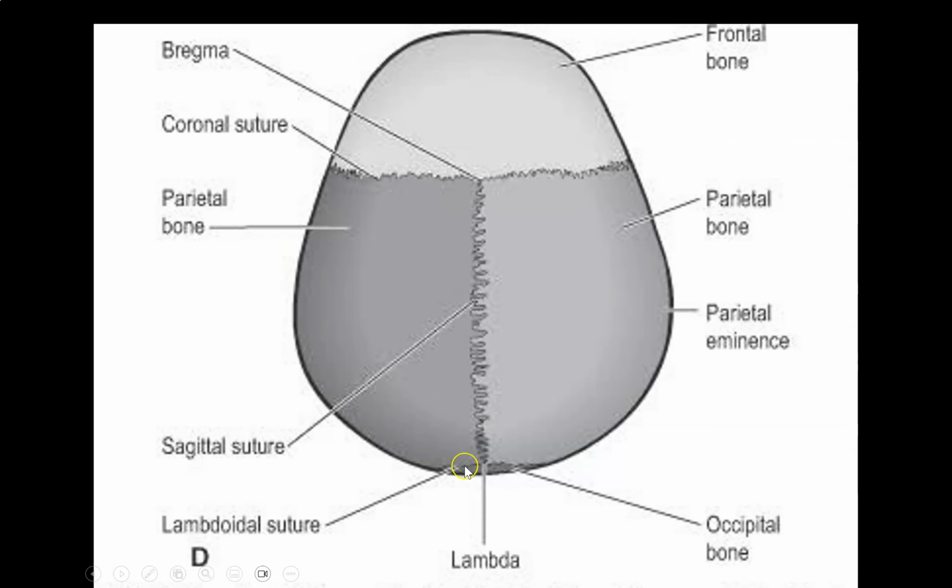And posteriorly we have the lambdoid sutures separating the parietal bones from the squamous occipital bone, and the point of intersection of the coronal and sagittal is the bregma. The point of intersection of the sagittal and the lambdoid sutures is the lambda.